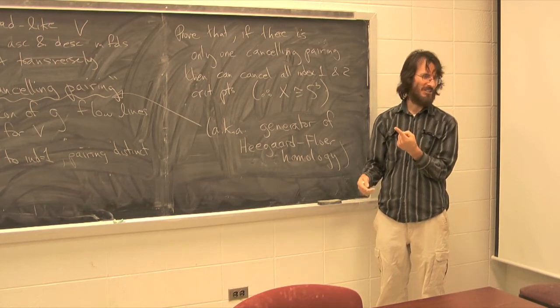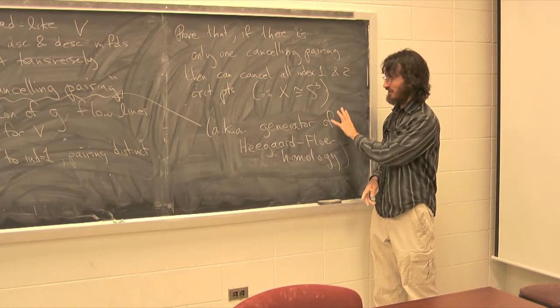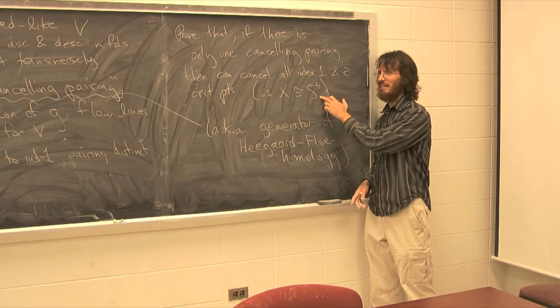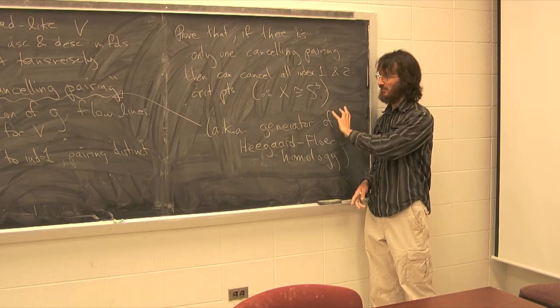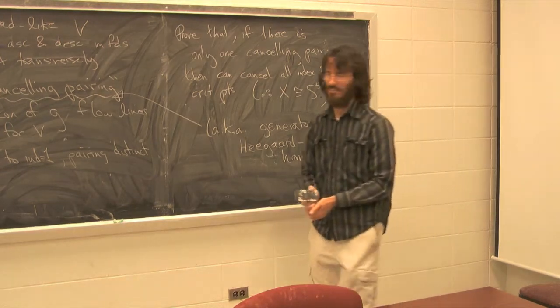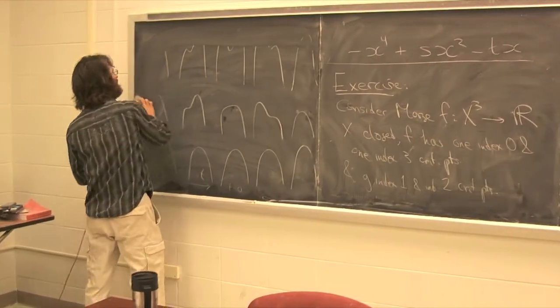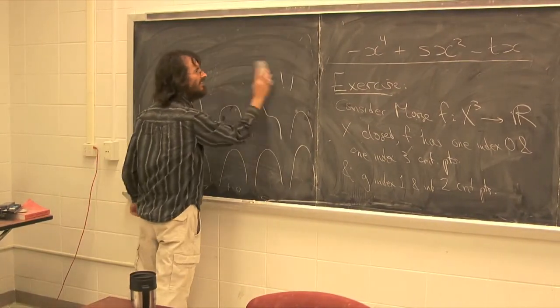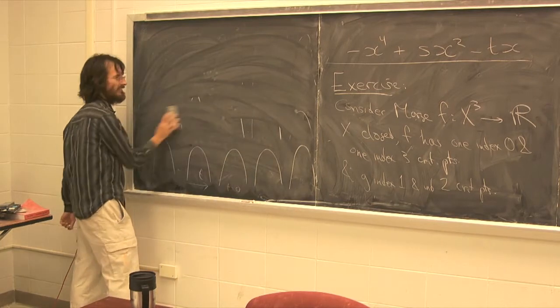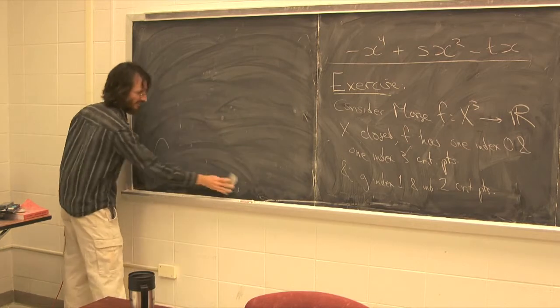And so this homology, in my sort of naive understanding of it, is an obstruction to the manifold being S3. It's an obstruction to being able to cancel off all of these canceling pairings and get down to just one. Okay. So if you go on and learn something about Heegaard Floer homology, maybe that'll help.